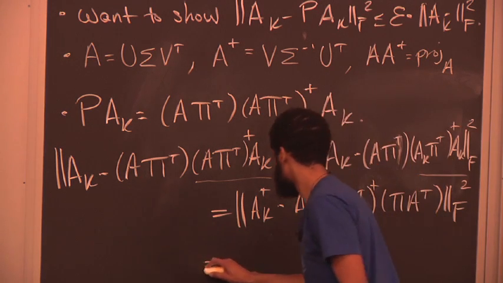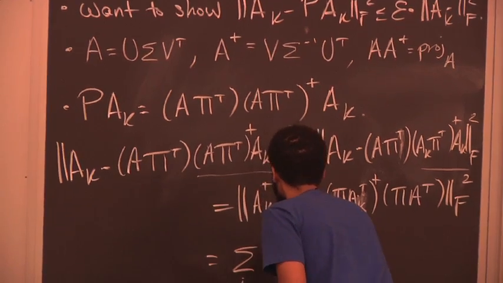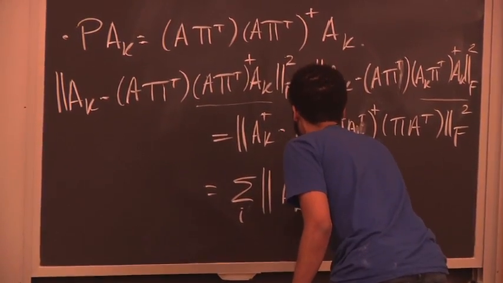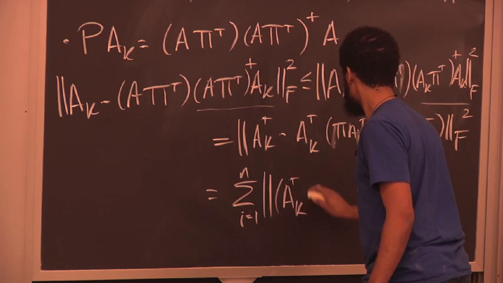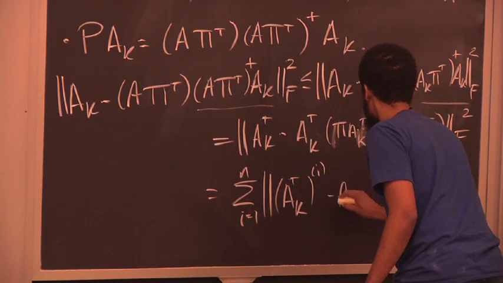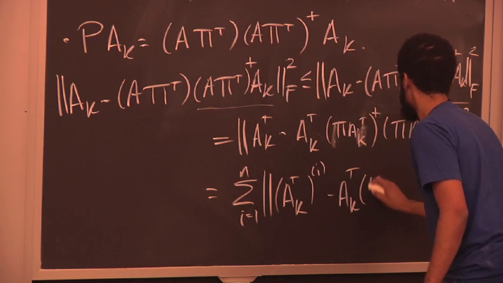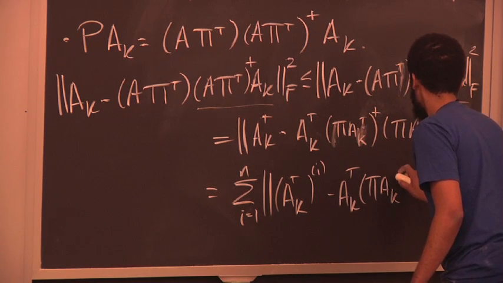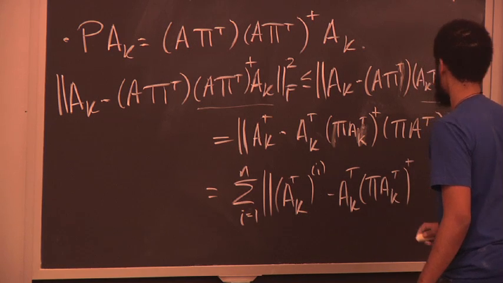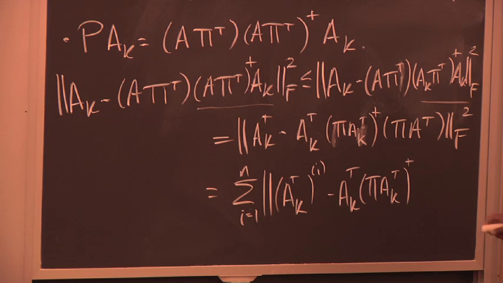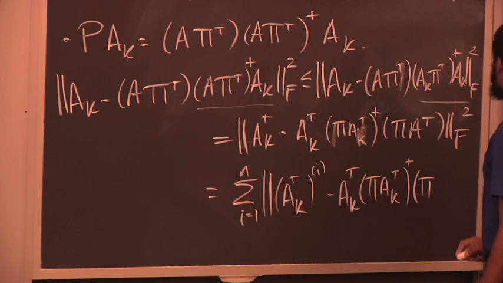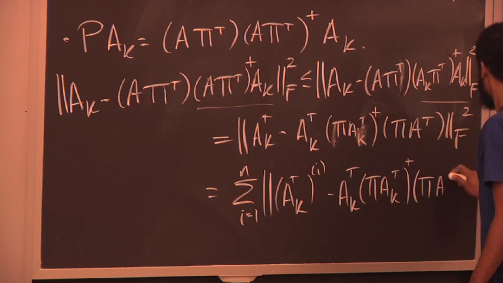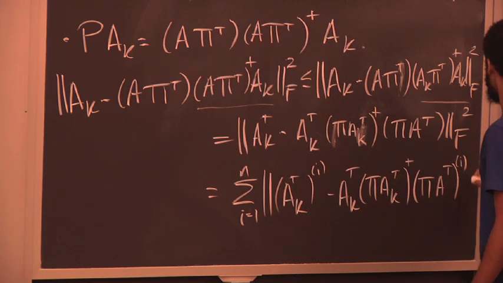And this is equal to the sum over i from 1 to n of the L2 norm squared of AK transpose i minus AK transpose pi AK transpose pseudo inverse pi A transpose i.